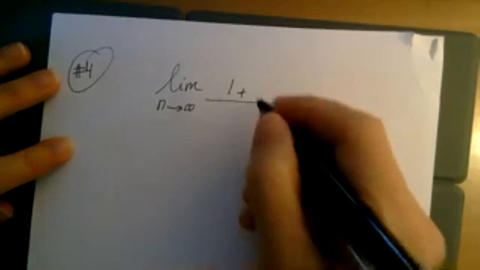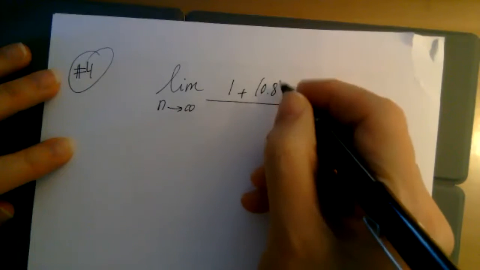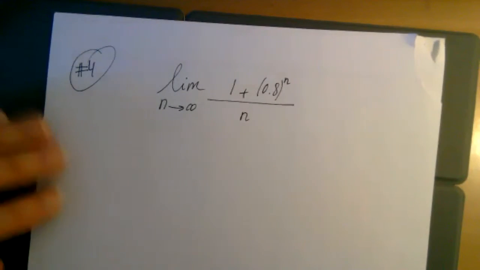Now the second question you had difficulties with, not the geometry, those mistakes were corrected individually, was the last problem, number 4. I remind you, it was the limit as n goes to infinity of (1 plus 0.8 to the power n) divided by n.